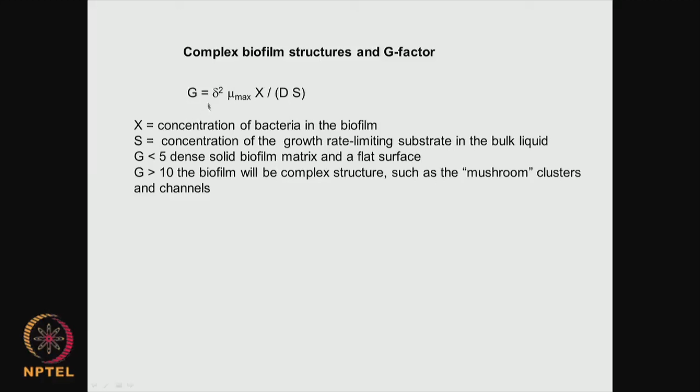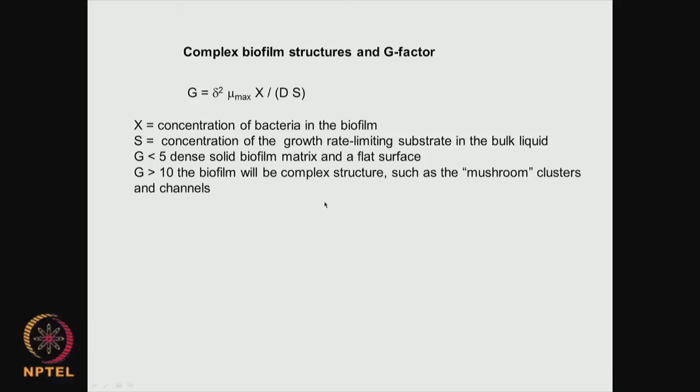Now, if the G is large, that means reaction is much larger than the diffusion. So, the reaction is limited by the diffusion of the substrate from the bulk to the surface of the biofilm. When G is large, the biofilm will have complex structures such as mushroom clusters and channels.